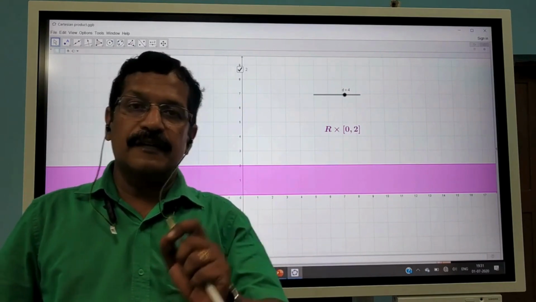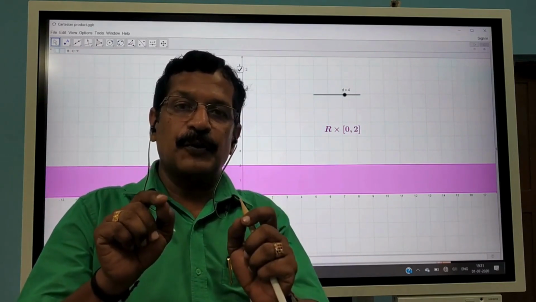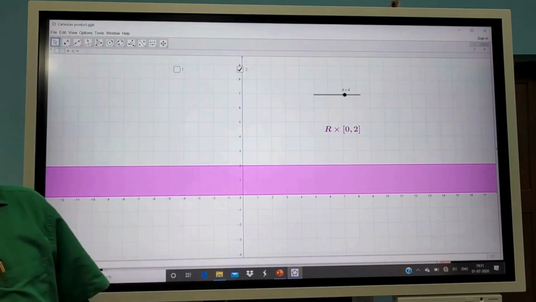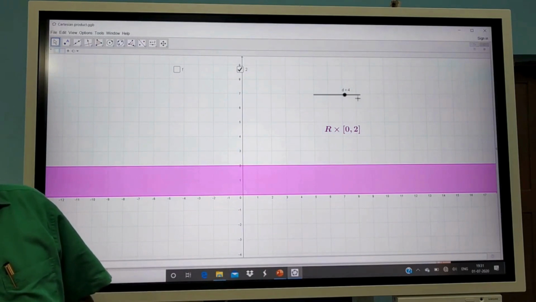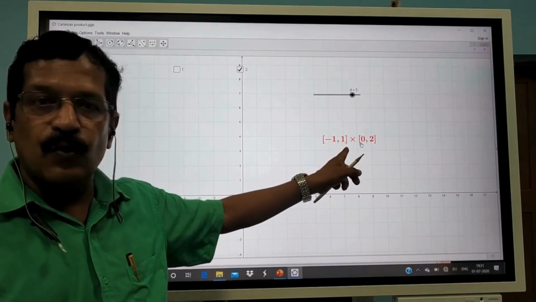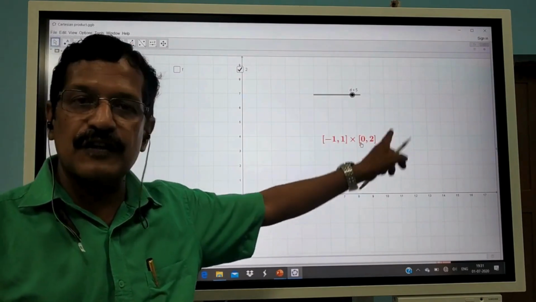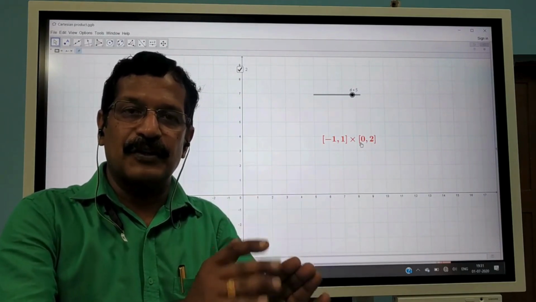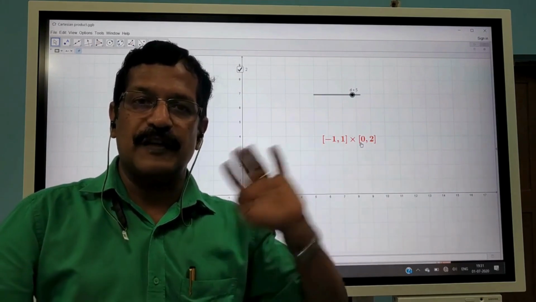Now, let us think about the Cartesian product of two closed intervals. I am taking the intersection of these two, that is, closed interval [-1, 1] cross closed interval [0, 2]. What will the Cartesian product be? That Cartesian product will be the intersection of the previous two cases.